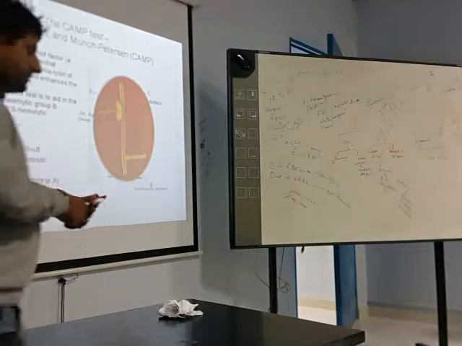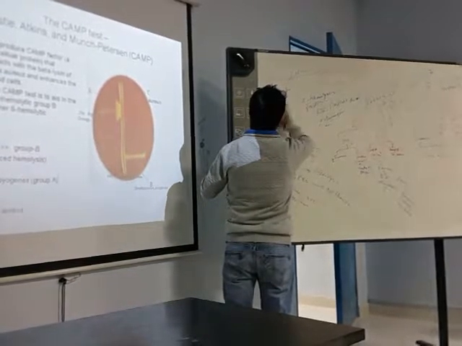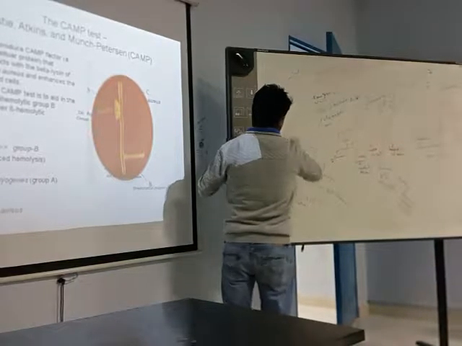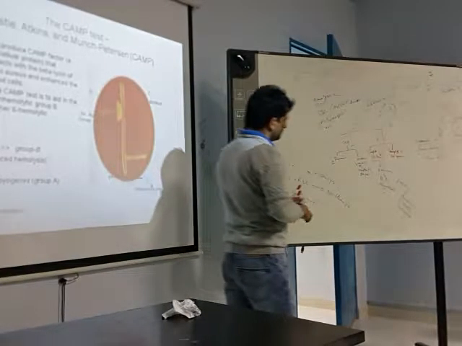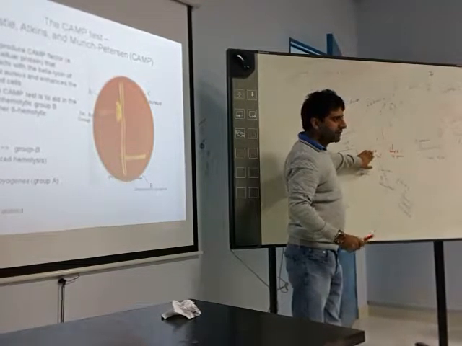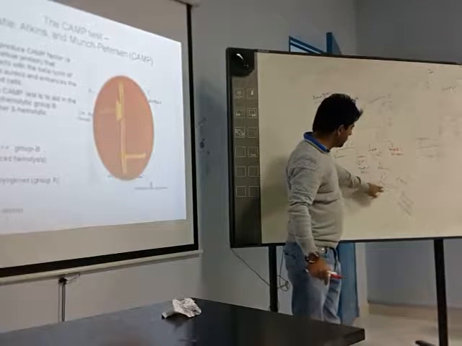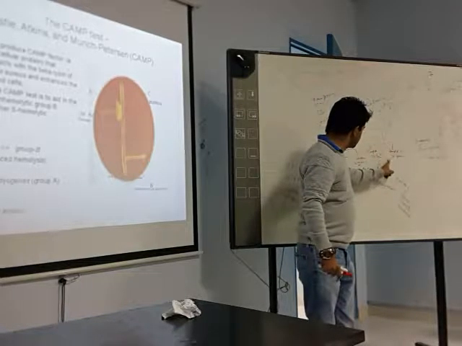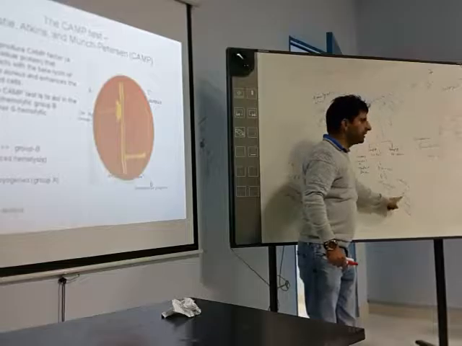This is one more test. It is not the chemistry CAM, cyclic adenosine monophosphate, it is something different. So, pyogenes is beta hemolytic, it causes hemolysis. Bacitracin: pyogenes is bacitracin sensitive, others are negative.